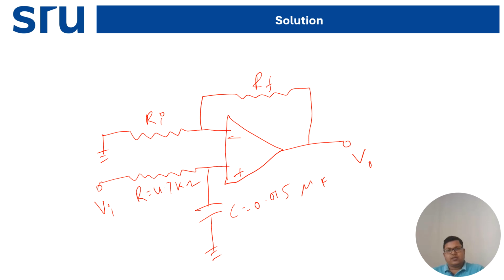What we understood from all these problems is that first, from the scenario, we have to understand which kind of filter it is asking for from the conditions given in the problem.